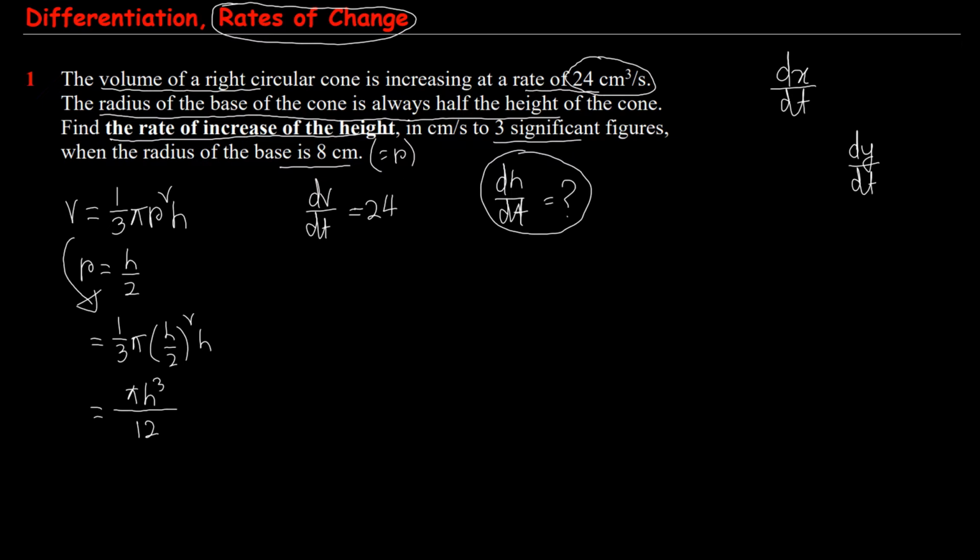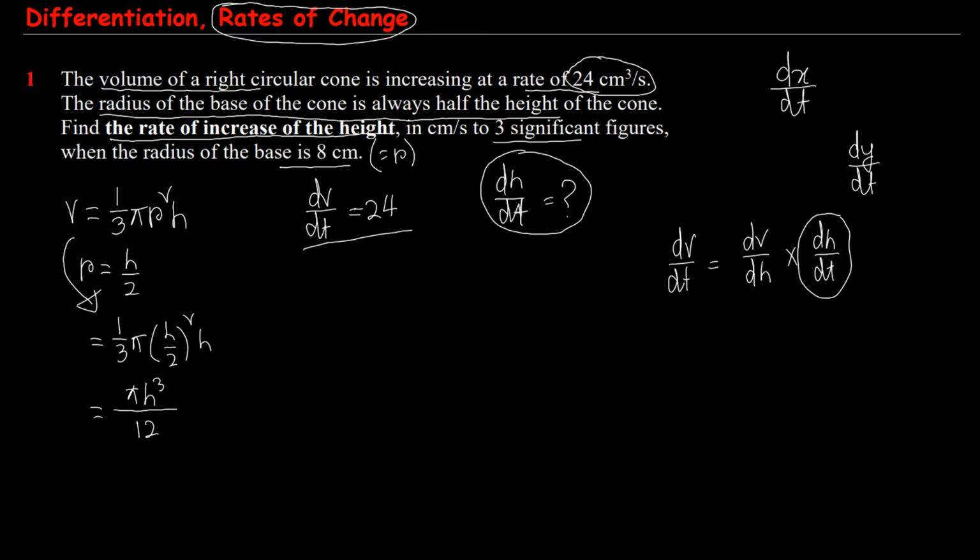Now the relation between the rate of change of volume and the rate of change of height, you can write like this: dV by dt equals dV by dh into dh by dt. This is what we need to find. dV by dt is already given, 24.